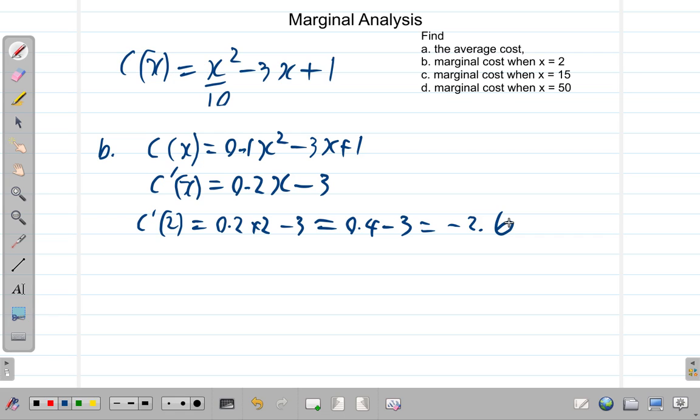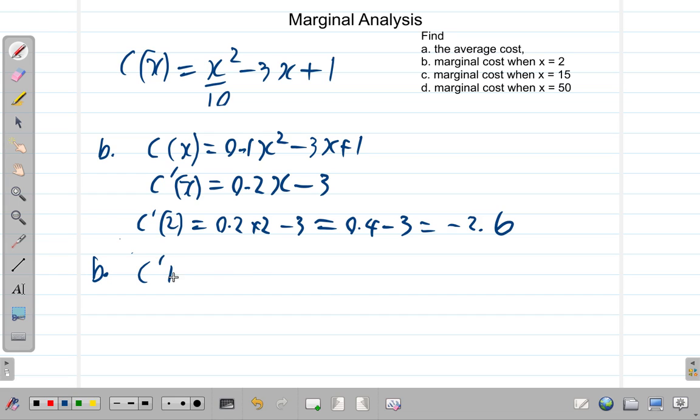Alright, now what about the other values? 15 and then 50. The fact is, finding C prime of x, that was already done. So it's a matter of now finding C prime of 15.